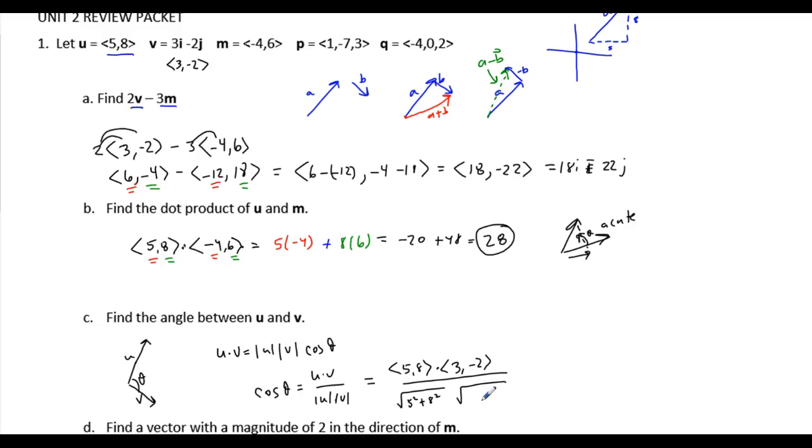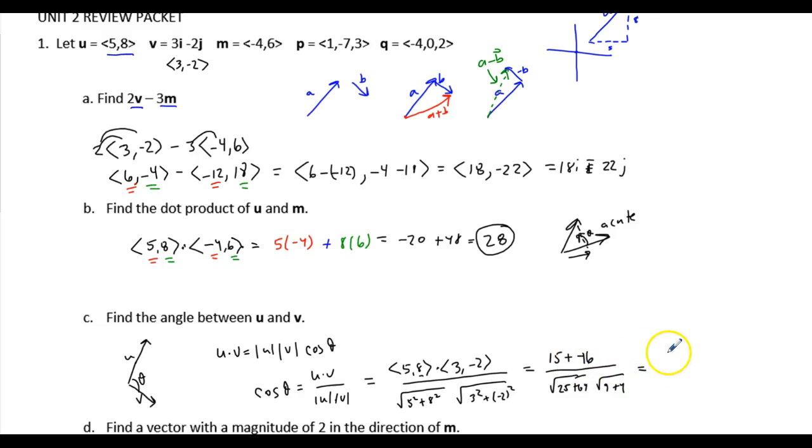The length of v is the same idea: 3 squared plus negative 2 squared. Now we just crunch this out. 5 times 3 is 15, plus 8 times negative 2 is negative 16. This is going to be 25 plus 64. This is 9 plus 4.